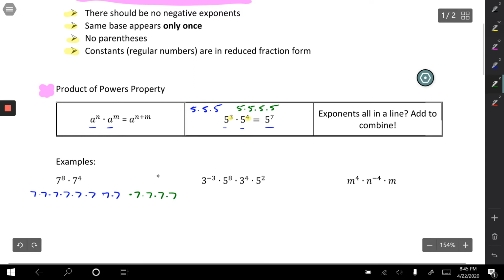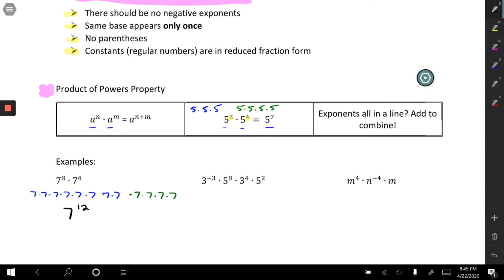Well, how many do I have multiplying all together? I've got 8 here and 4 more here. Now, writing those all out is a little bit of work, and I would totally rather skip that if I possibly can. So this is where these exponent properties come in as a nice shortcut. Instead of writing them all out and counting them all up, I can just add those exponents. So let's do that for this next one.